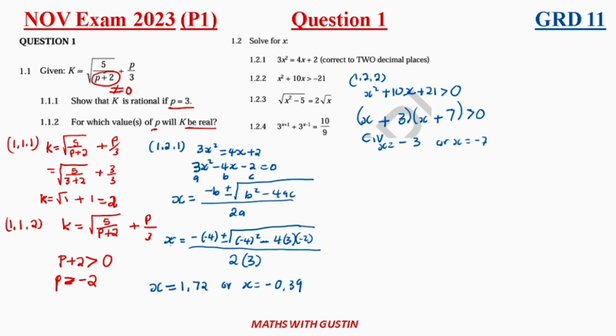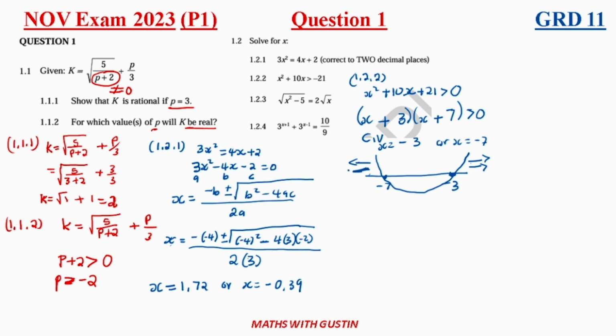Okay, so now if it is like this, we do our number line so that we know where our value is going to lie. I have got negative 7 here and I've got negative 3 there. It is a parabola and it's a smiling one. There you go. Because it's saying greater than 0, on the original equation our values will all be that side and that side.